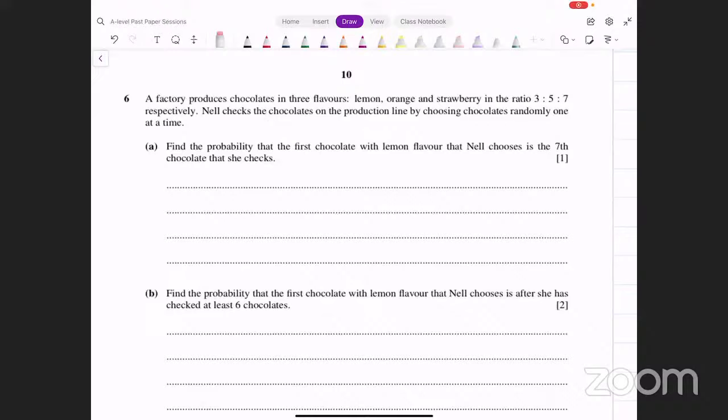Nell checks the chocolates on production line by choosing chocolates randomly one at a time. Find the probability that the first chocolate with lemon flavor that Nell chooses is the 7th chocolate that she checks. Now, does that statement give you a hint? First chocolate with lemon flavor.